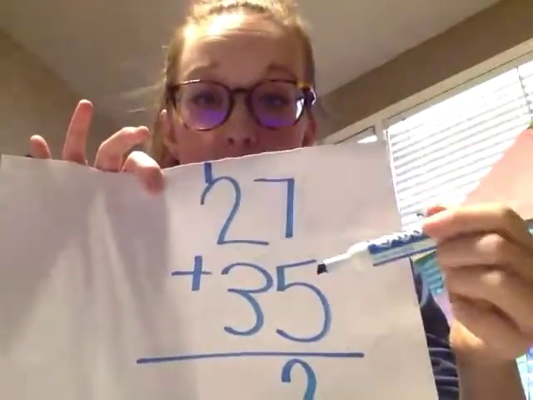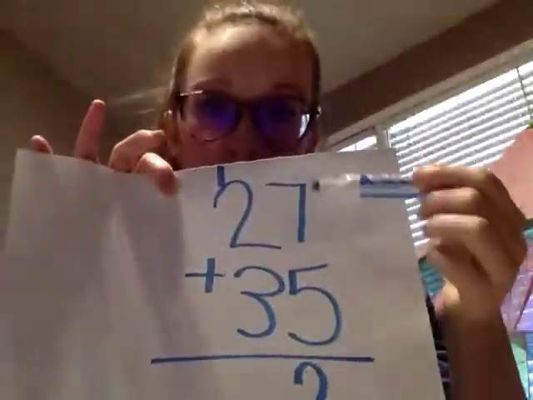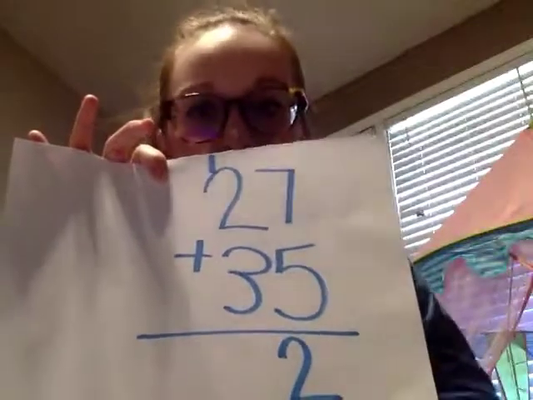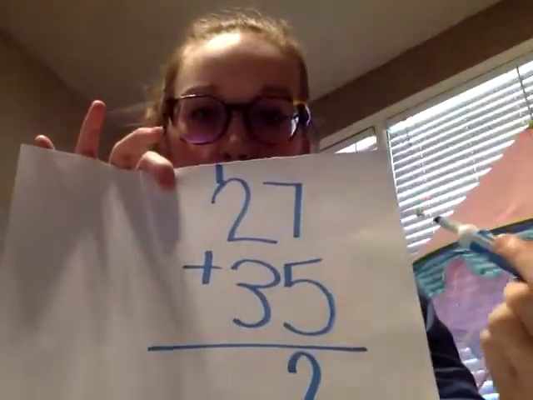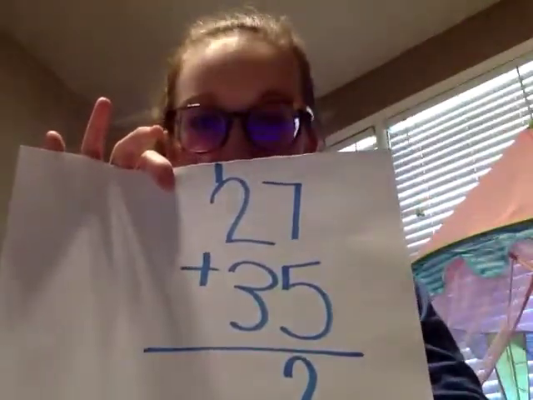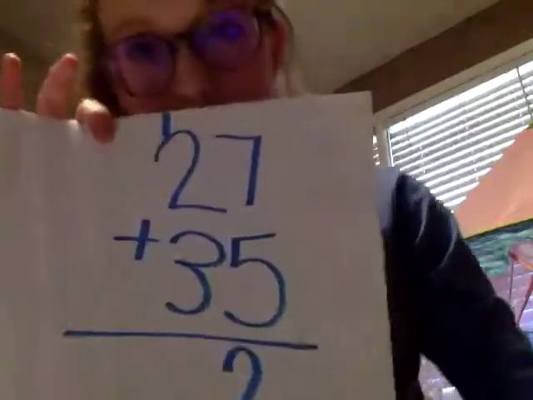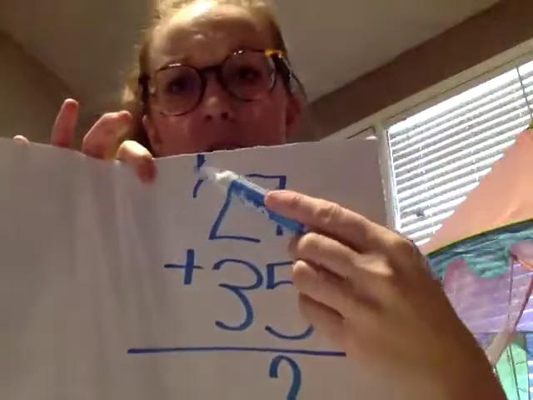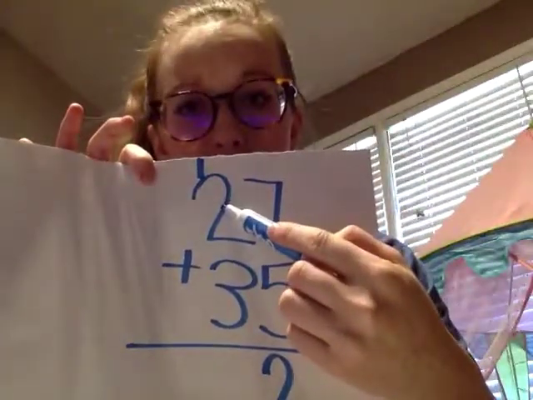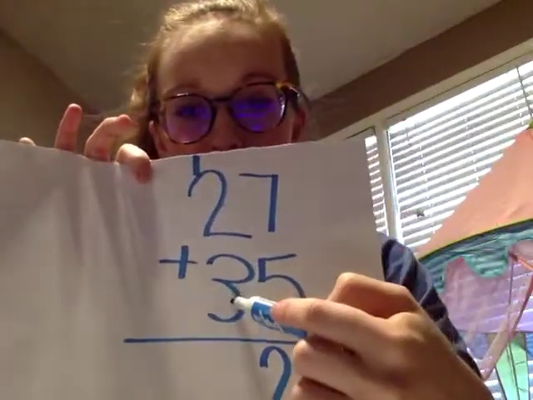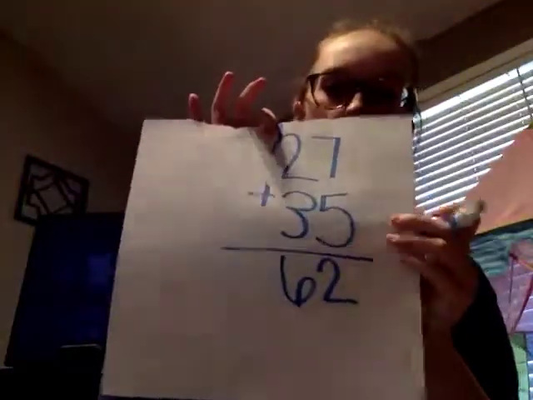I first start in my ones place because this is the lowest possible place value that I have in my problem. If I had anything past the decimal, that would be smaller than your ones place. I just want us to think about that as I work this problem out. We do 1 plus 2, that equals 3, plus 3, and that equals 6. So my answer to this problem is 62.